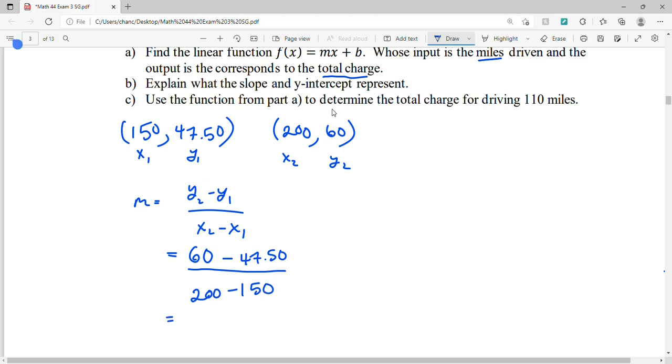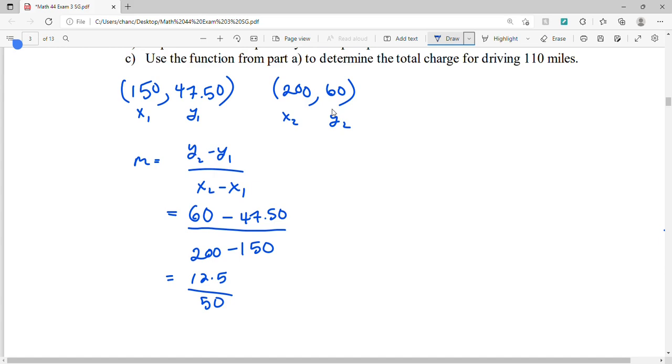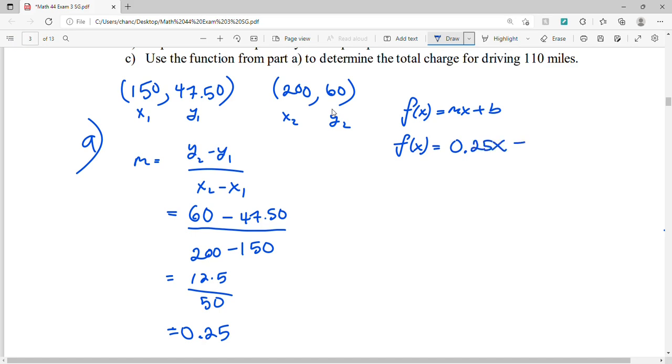The numerator simplifies to 12.5, and the denominator is 50. And so this is equal to 0.25. That's our slope. And now we can rewrite our function. f of x equals mx plus b is now f of x equals 0.25x plus b.